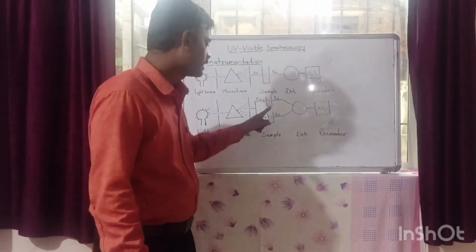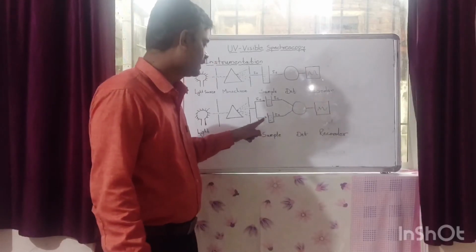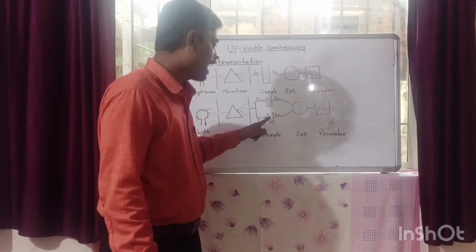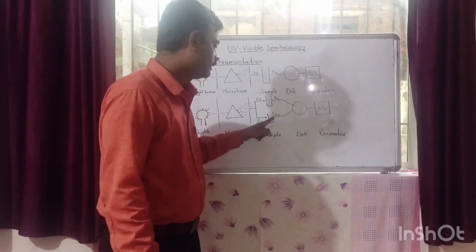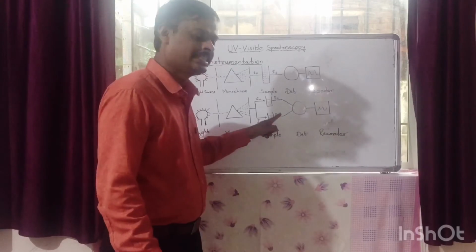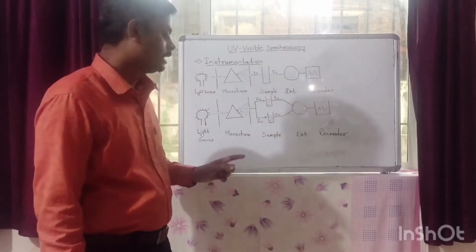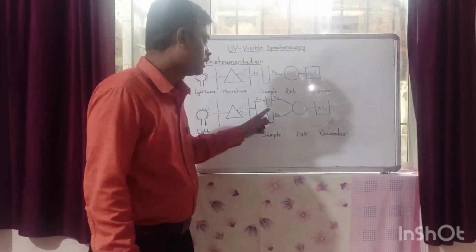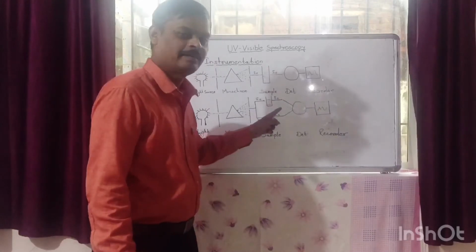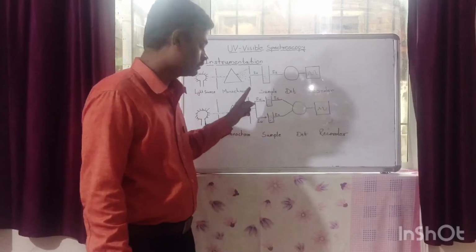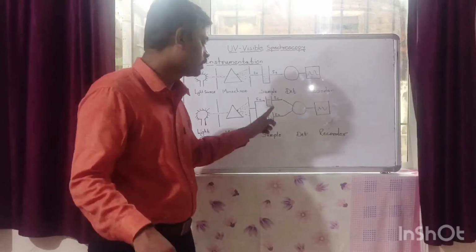Whereas in the case of the sample, some amount of light will be absorbed by the sample and there will be a decrease in intensity of transmitted light. This absorption depends upon the concentration and path length of the medium according to Beer-Lambert's law.